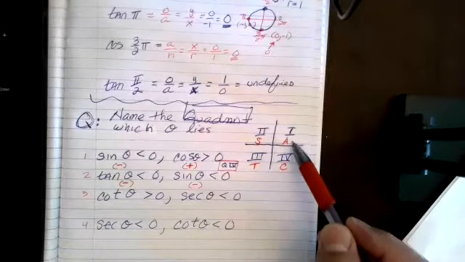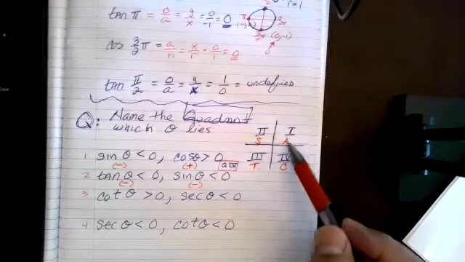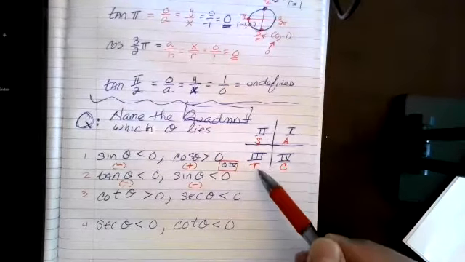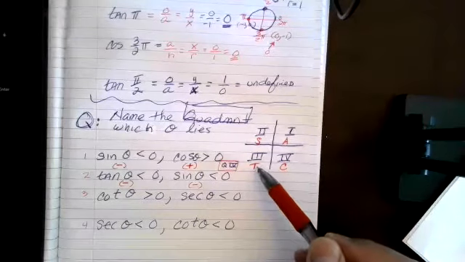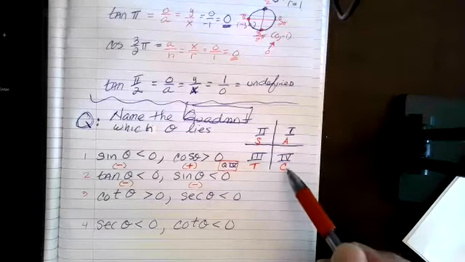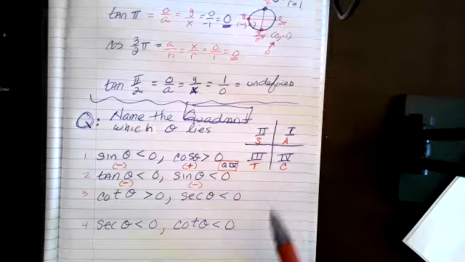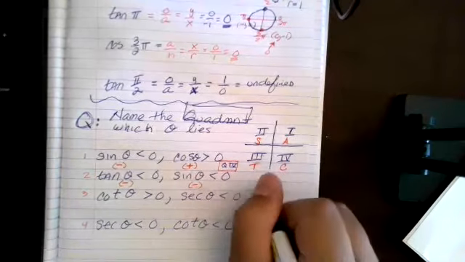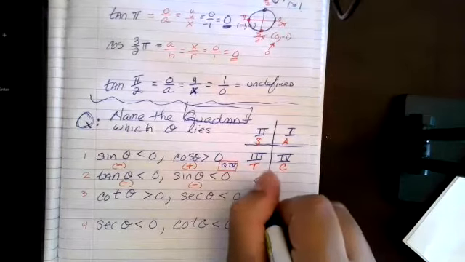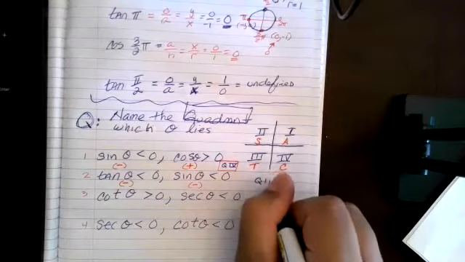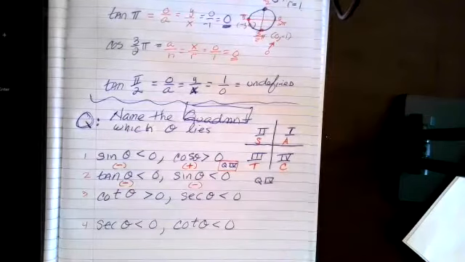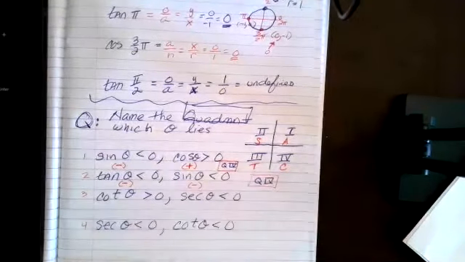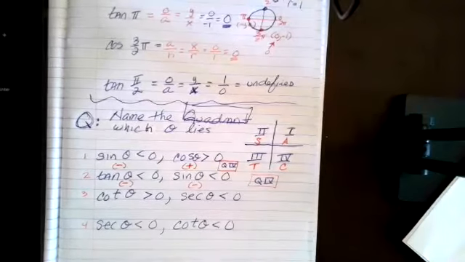Well, it's not the first quadrant because everything is positive. It's not the second quadrant because sine is positive. It's not the third quadrant because tan is positive. It's the fourth quadrant. Only the fourth quadrant has tan negative and sine negative. So this answer is the same as the other one, quadrant 4.